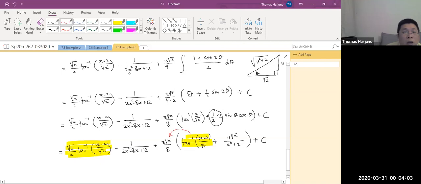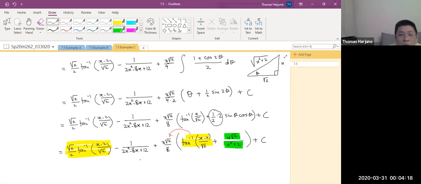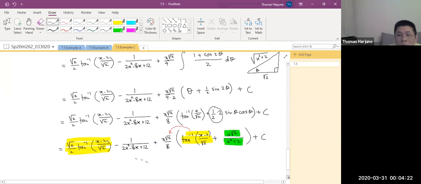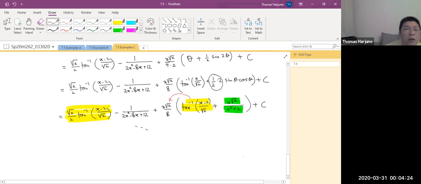And then later on, our u here, don't forget to replace that by x minus 2. Simplify that a little bit further, and you just use the dot dot here. Okay, I think that's how I will end it for that question.